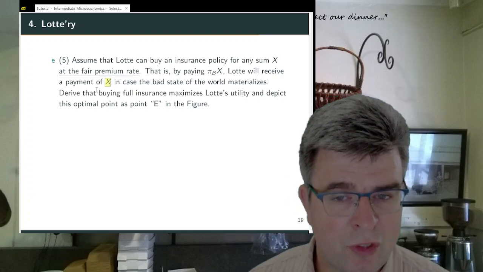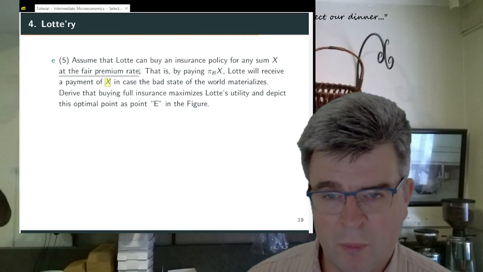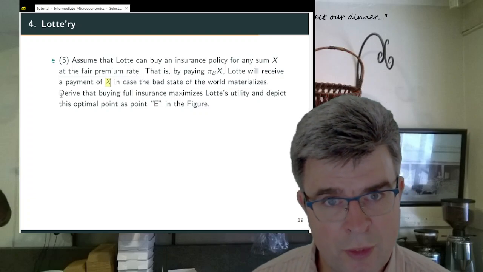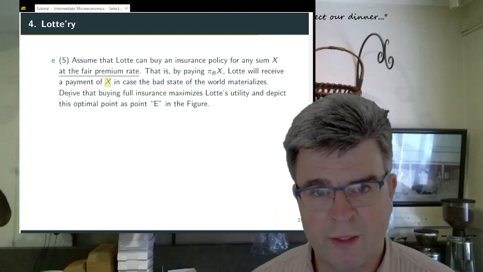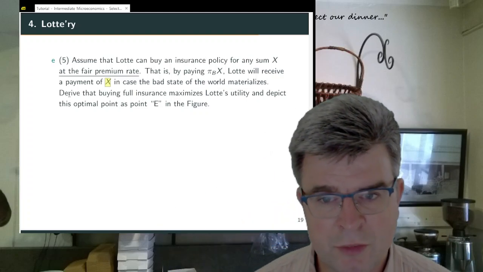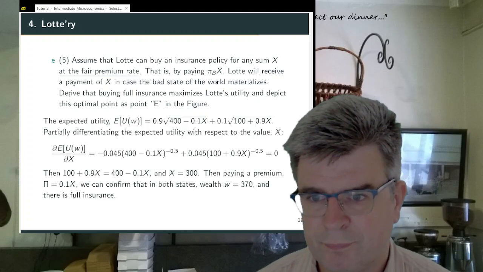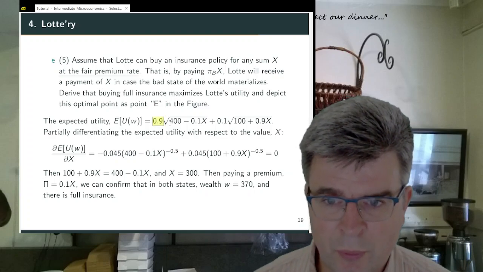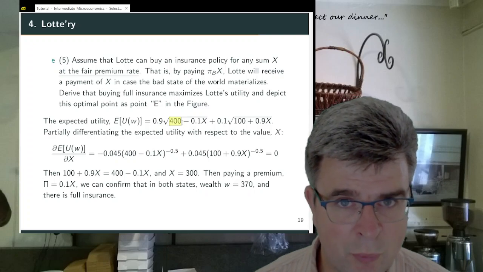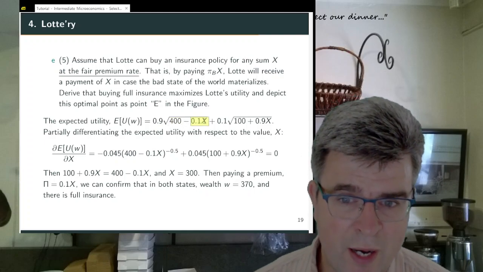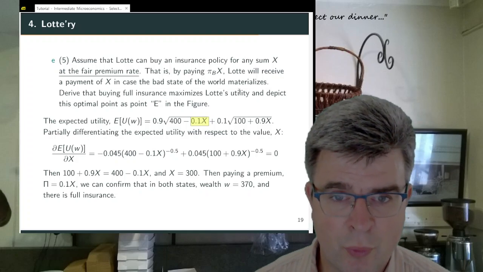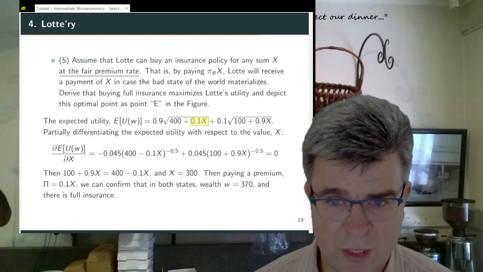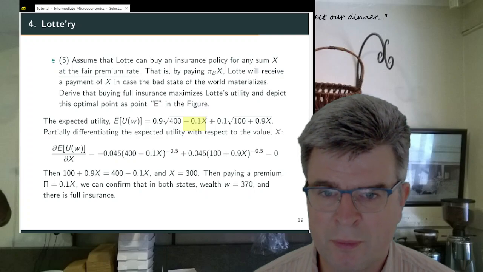And the question is how much of my initial wealth, how much of my house, I will insure. And you should derive that buying full insurance, so just covering the entire house, will be the best thing for Lotte to do. Now, the expected utility of Lotte is, okay, in the good state of the world, I will still have my initial wealth, but if I bought insurance for a sum X, I will have paid a premium equal to 0.1 times X. So that's the amount that I will lose, also in the good state of the world.